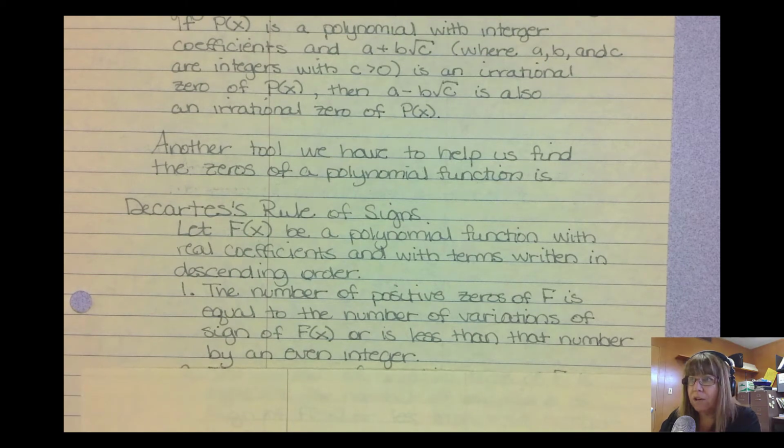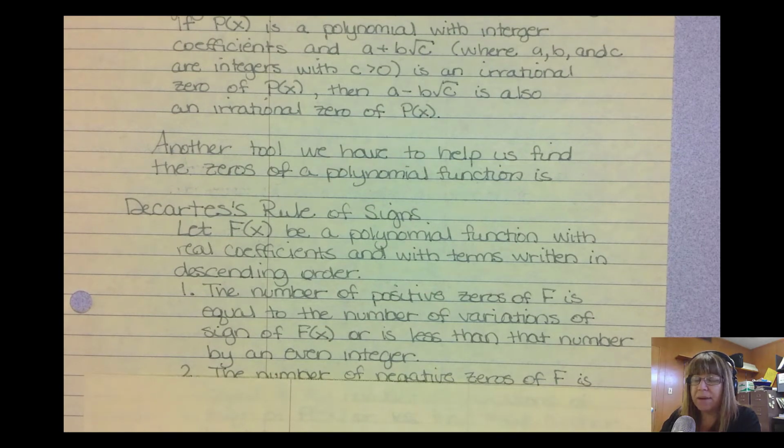So I'm going to give you an example. Let's say we have a polynomial, and the variation of signs, where it changes from addition to subtraction, or subtraction to addition, happens 5 times. Then we know we have 5, or 5 minus 2 is 3, and 3 minus 2 is 1.